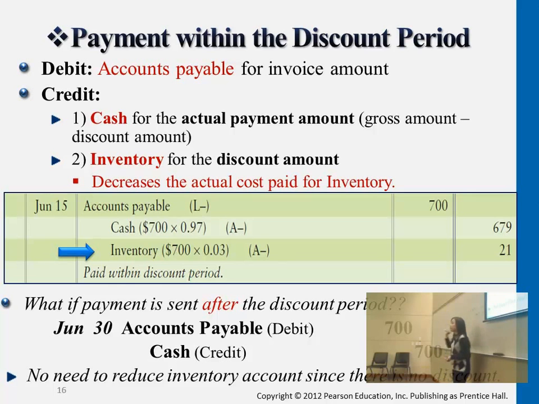Think of it as reducing inventory's cost because we really didn't use up cash $700. We only used $679. So after this transaction, inventory will represent $700 minus $21, also $679. And we're trying to match up inventory's cost with the cash that we're actually paying for it.